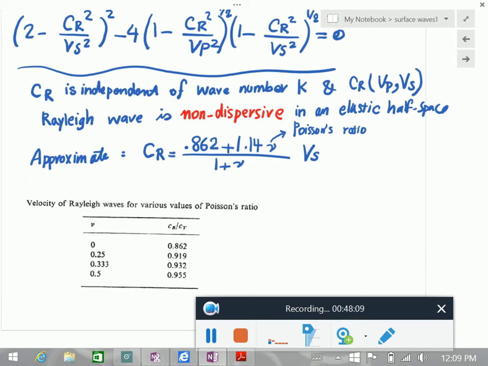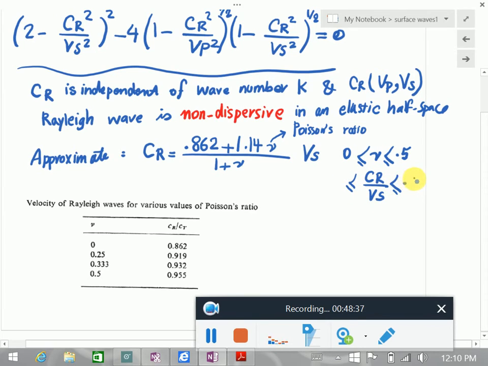And of course you can see that it could be like that because we can express this in terms of Vp and Vs or Vs and Poisson's ratio. Now you know all of that. And this is good for this Poisson's ratio, and it gives us some limits. So it is between 0.955 and 0.862.